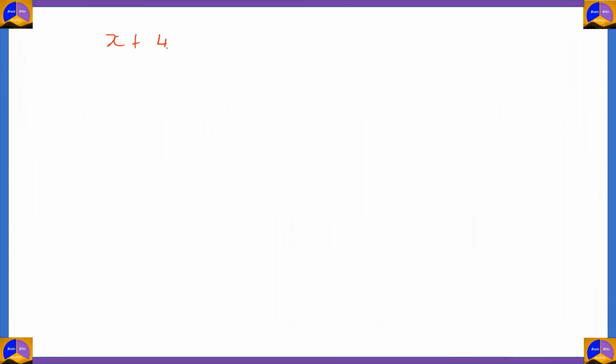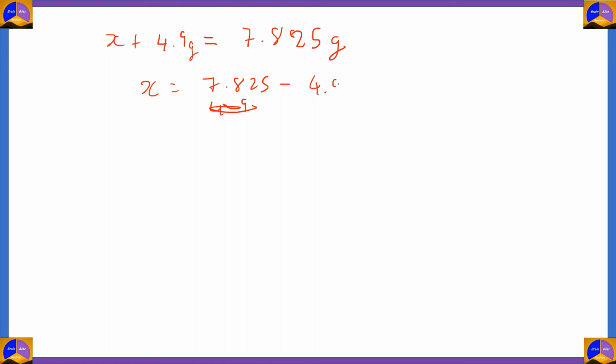So X plus 4.9 grams will give you 7.825 grams. Therefore, X is 7.825 minus 4.9 grams.